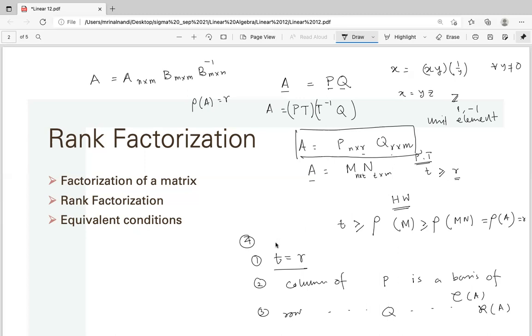So P is full column rank, and Q is full row rank.